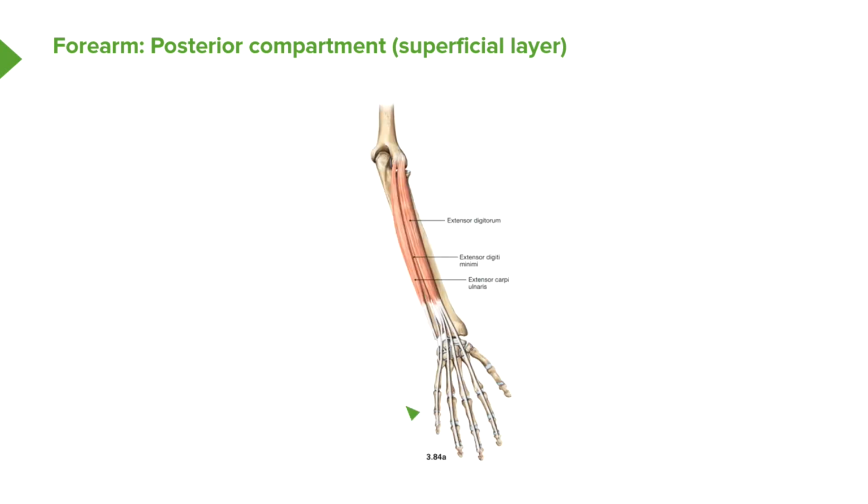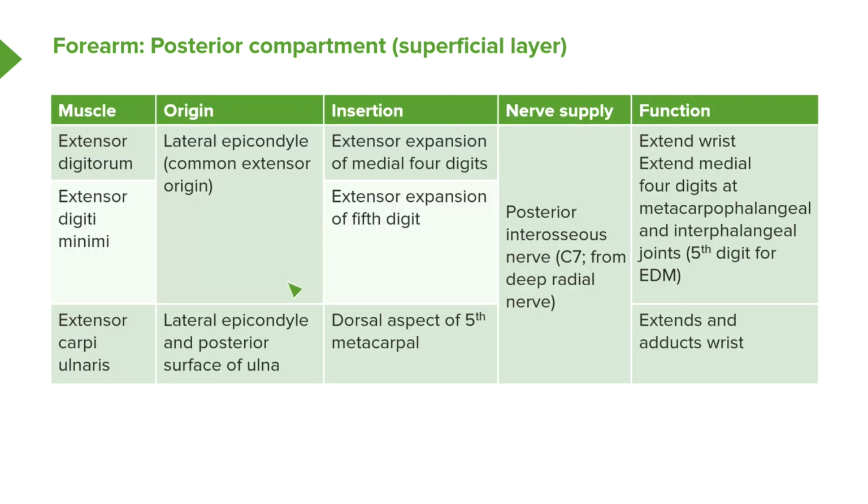If we look at extensor carpi ulnaris, it is running down again from the common extensor origin, or at least near to the common extensor origin, specifically the lateral epicondyle. It also is coming from the posterior surface of the ulna. This passes to the dorsal aspect of the 5th metacarpal associated with the little finger.